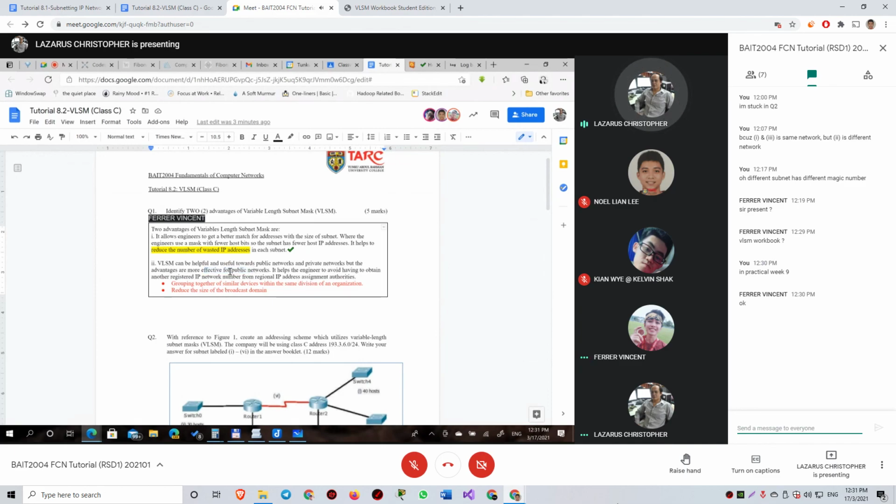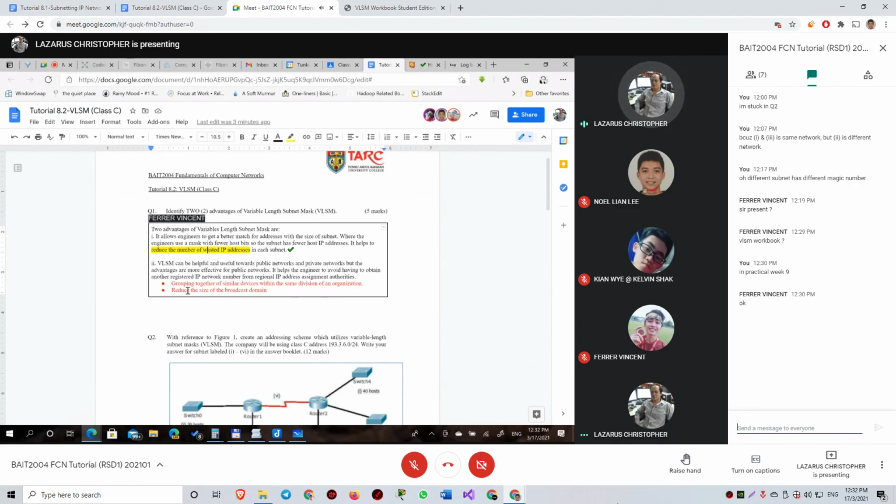VLSM is not done for public networks. VLSM and subnetting is done for private networks only. It's only with IPv6 that we start to use subnetting for public, just to provide the subnet. But the first answer is correct, to reduce the number of wasted IPv4 addresses.